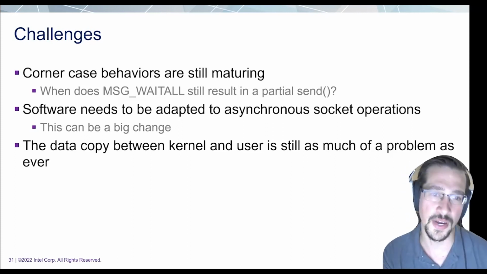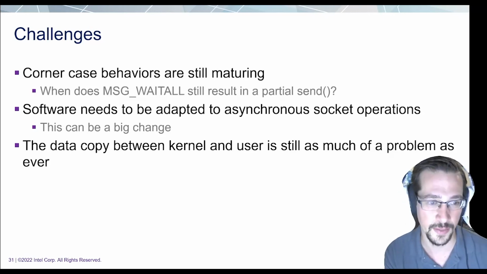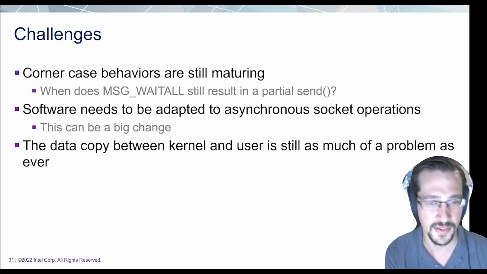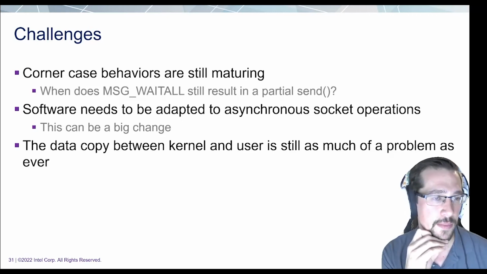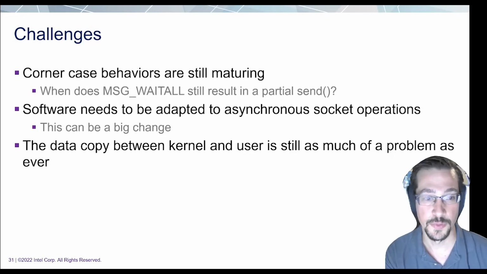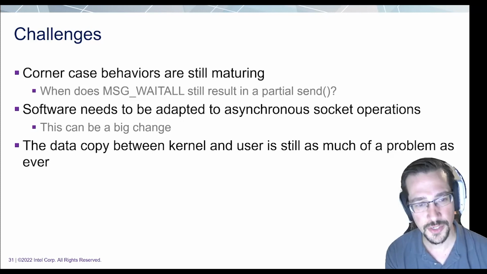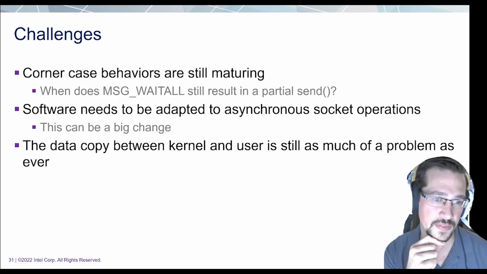The other big one is you've got to rework your software to do all asynchronous operations. Not so big a deal for projects like SPDK, which are all async to begin with, and are kind of working around the fact that the other ones are non-blocking style instead of async. But for a lot of projects, that's quite difficult. And then the remaining major problem in networking for storage is there's still a data copy on the receive side between the kernel RxQ packets, the Ethernet frames that have arrived, and the user buffer that we're receiving into.